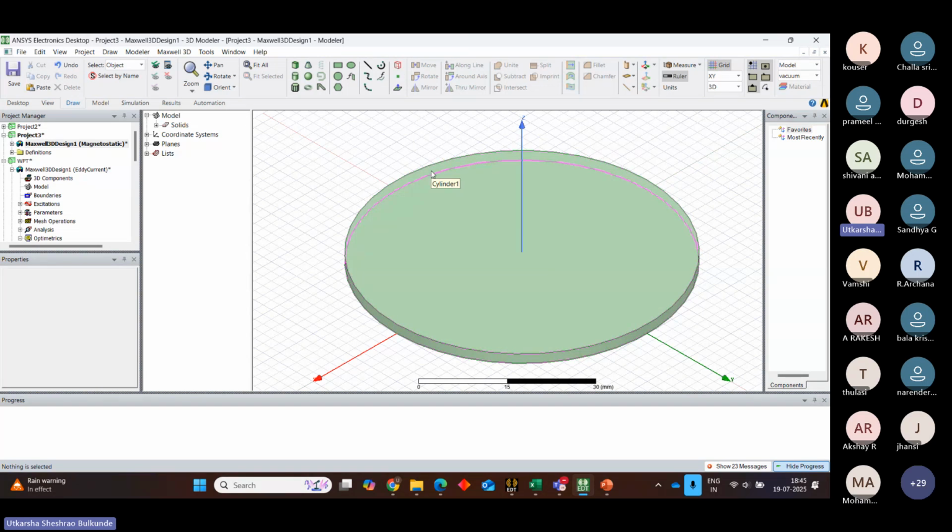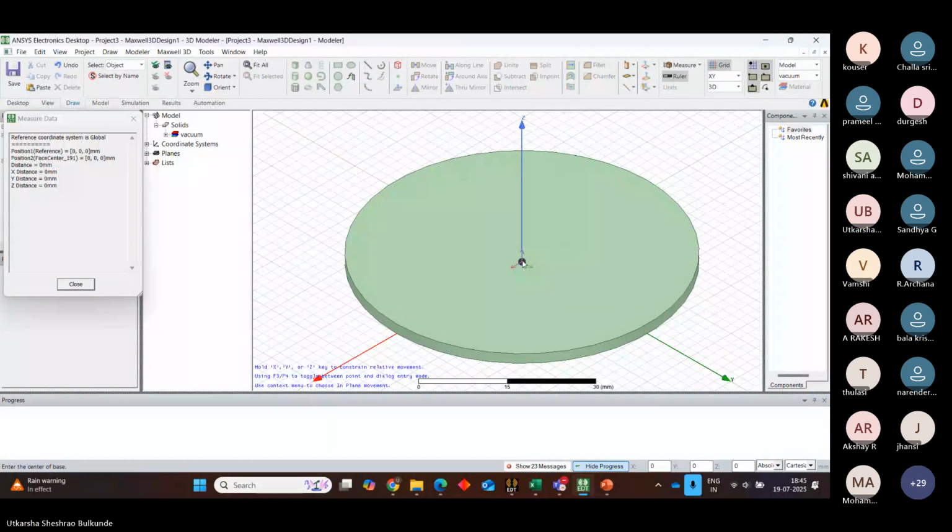Now you want some inner dimension. So what you will do is draw another cylinder. Same way.